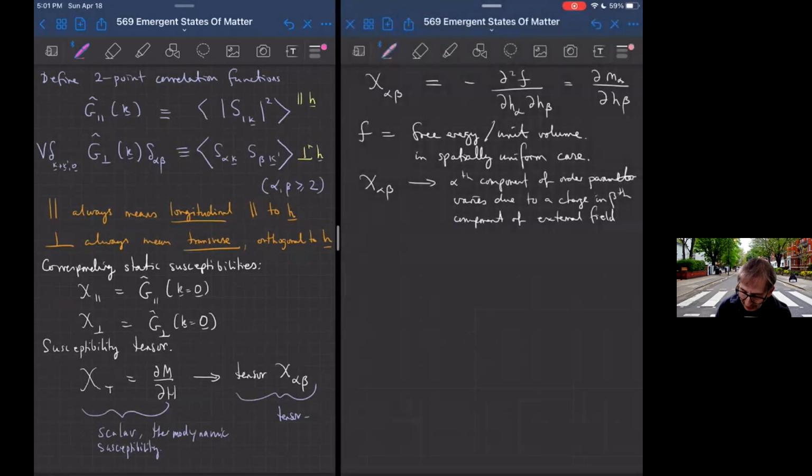What we're interested in is the limit as the magnitude of the external field goes to 0. Just as when we look at spontaneous symmetry breaking, we want to look at what happens when the field goes to 0, because that's where the phase transition occurs. So we're interested in the limit as h tends to 0, because that's when the phase transition occurs.